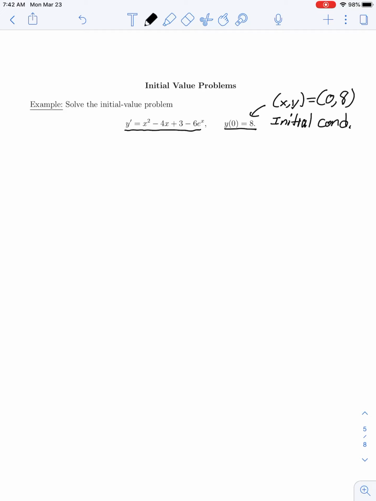So as in our previous example, to find a general solution of this equation, we would let y be the antiderivative of the derivative, which was given as x squared minus 4x plus 3 minus 6e to the x, integrating with respect to x.